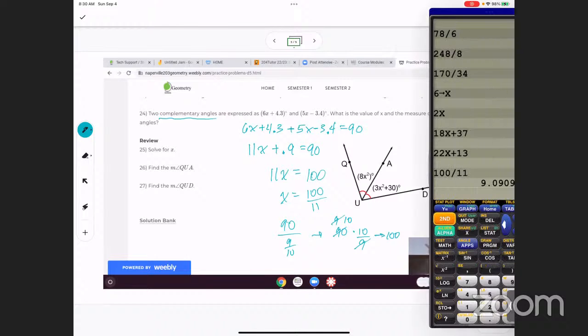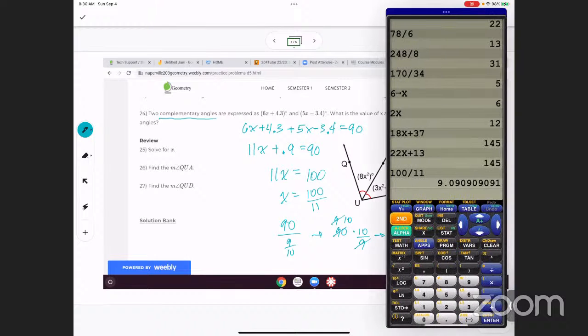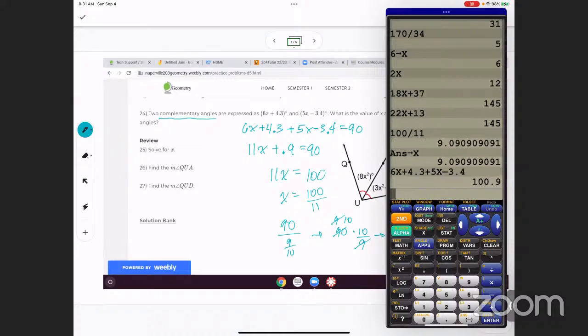And also, let me show you again to reiterate. If I hit the store button now, and I store that for x and hit enter, now when I punch in that equation at the top, 6x plus 4.3 plus 5x minus 3.4, I should get 90 when I hit enter.